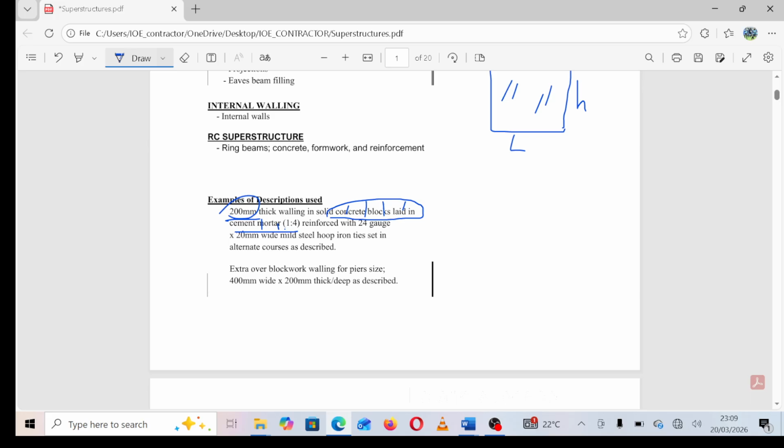You can specify the gauge, some gauge 32, gauge 24, and also the width. So hoop iron is like a small strip. You've seen how hoop iron is. I'll get a picture one day and share, where its width is 20 mm. That hoop iron is usually laid in alternate courses.